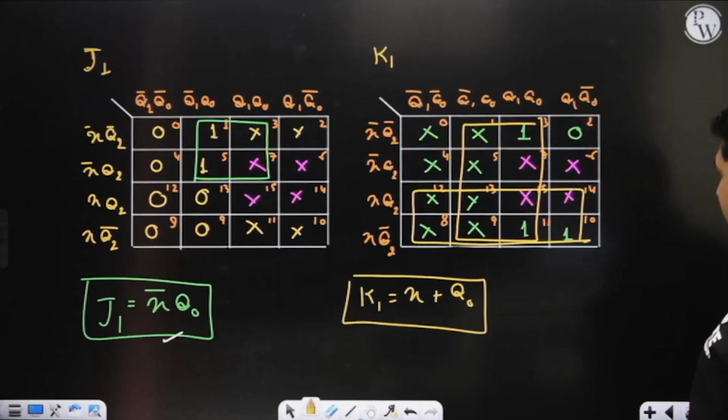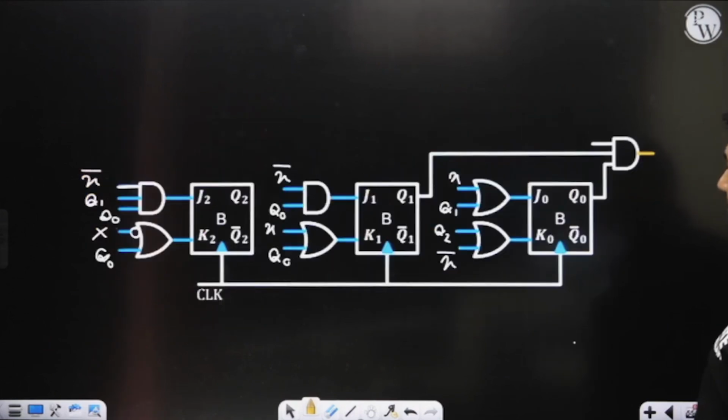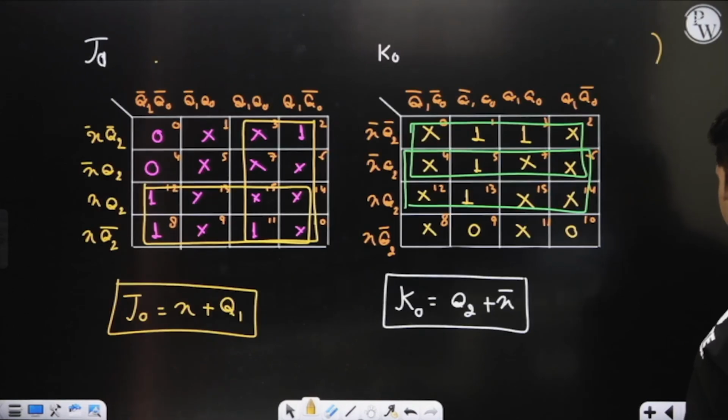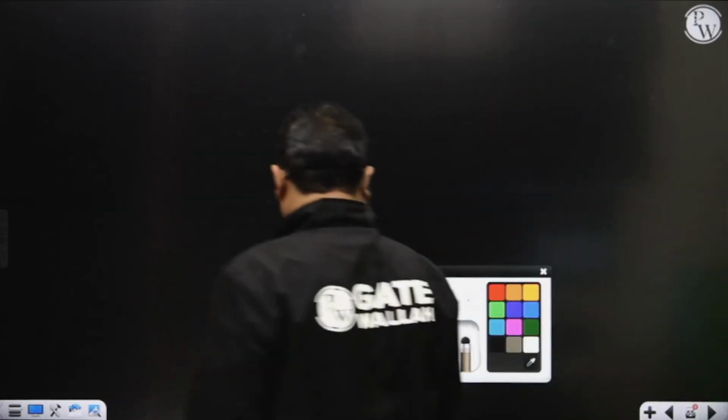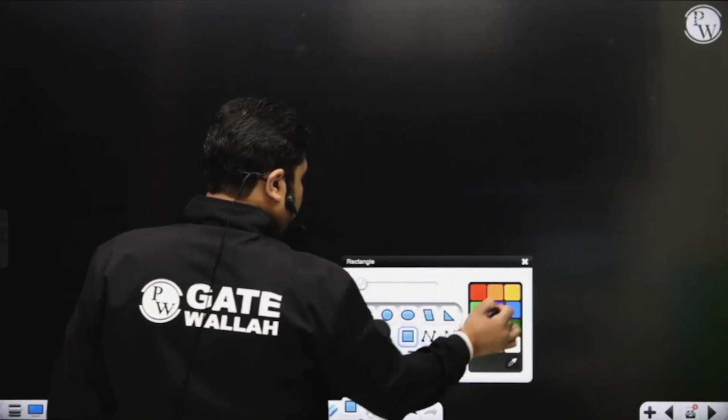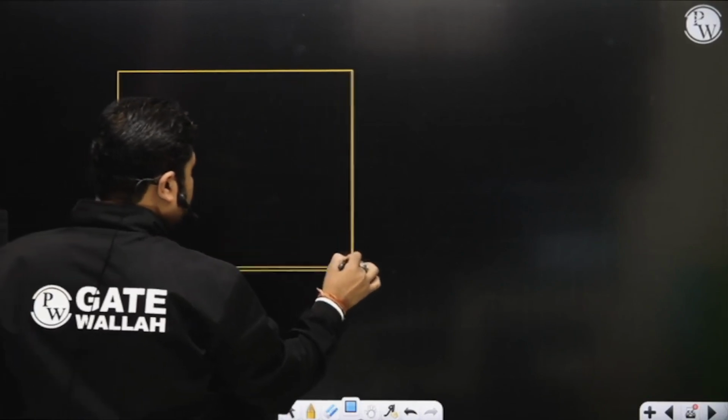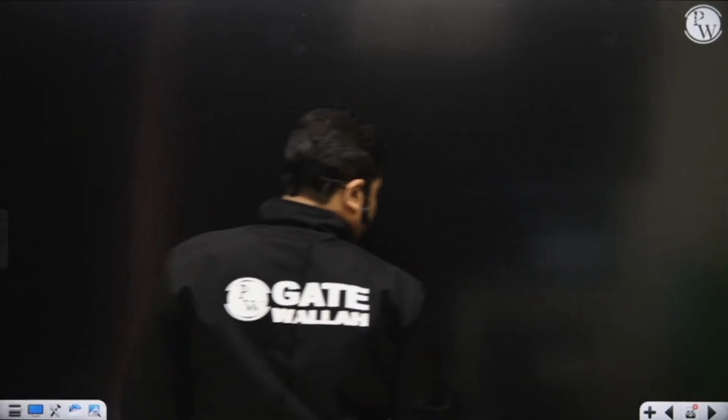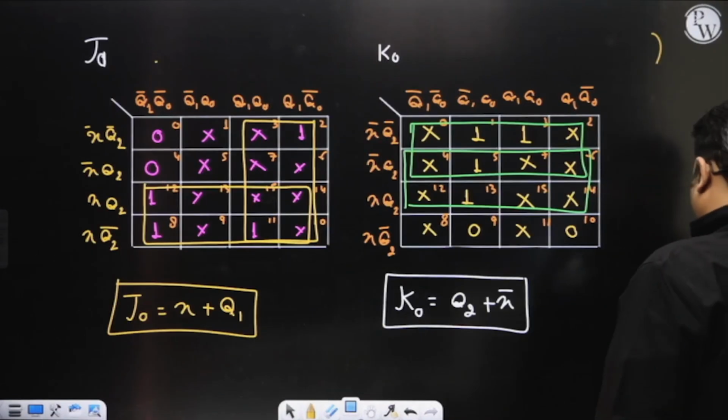Okay. Yes, sir. So let me show you output Y also. For output Y, we need to represent a K-map. Let me copy this.